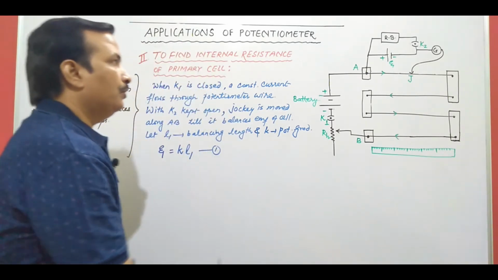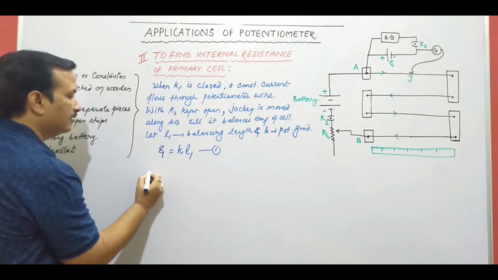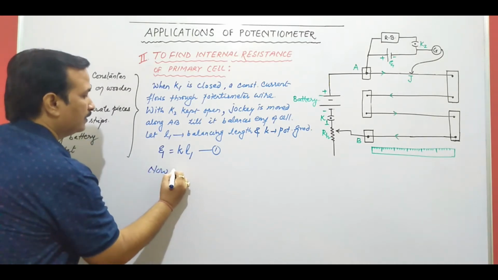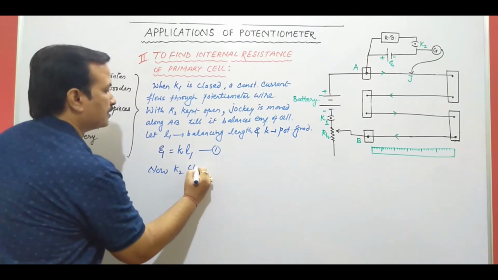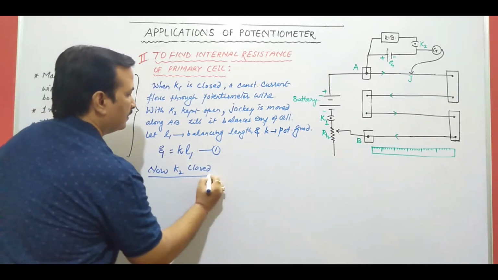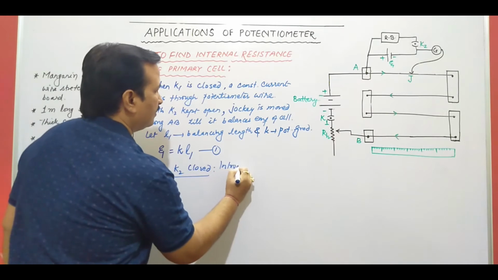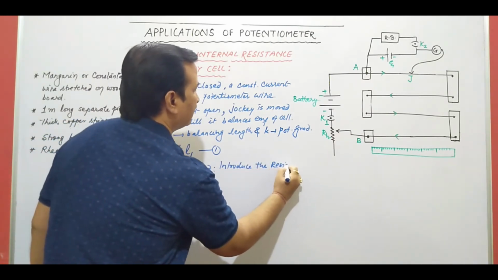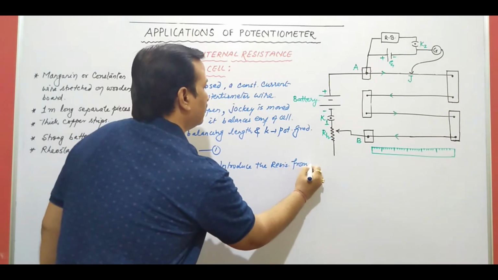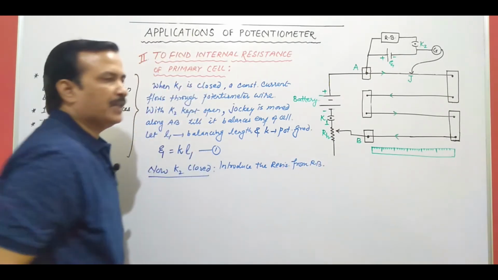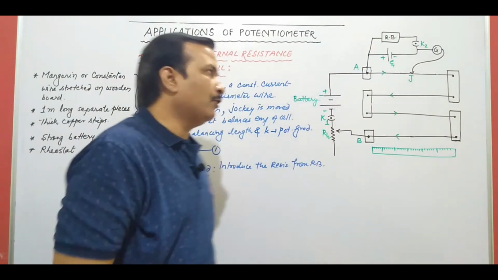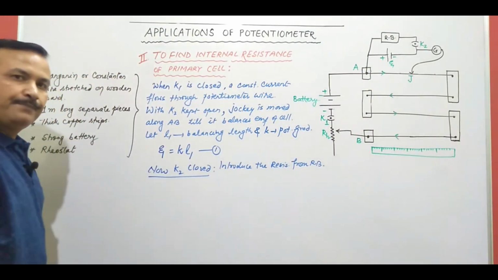Now you introduce, K2 closed. Introduce the resistance from the resistance box. We will introduce some resistance, like 1 ohm, 2 ohm, 3 ohm, from the resistance box.